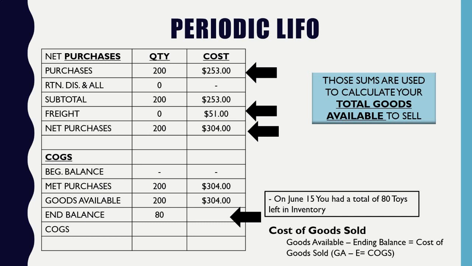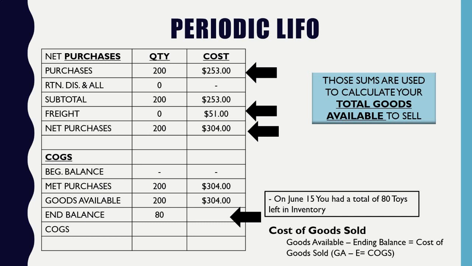We're going to add our freight. Freight doesn't add to quantity, but it adds to the total cost, the $51, to give me a grand total net purchase of 200 items or toys at a total of $304.